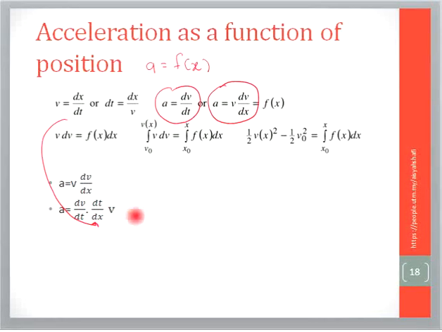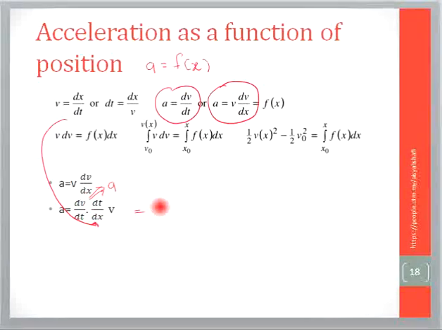Why is it like this? Because dv/dt is same with a. So actually we want to have the same equation, but we want to get the equation in terms of x or position.